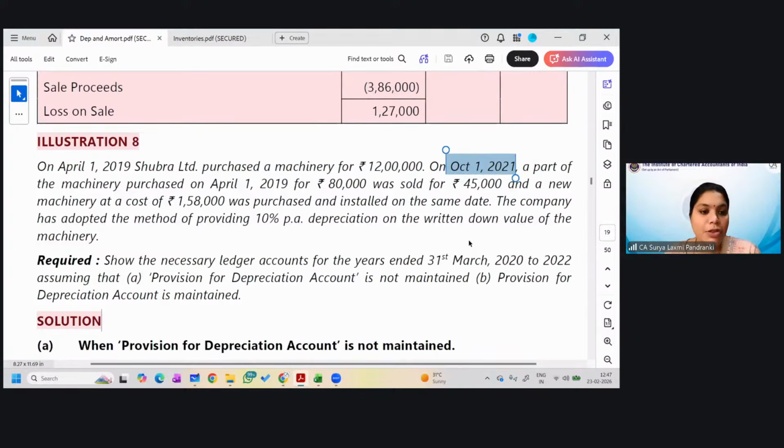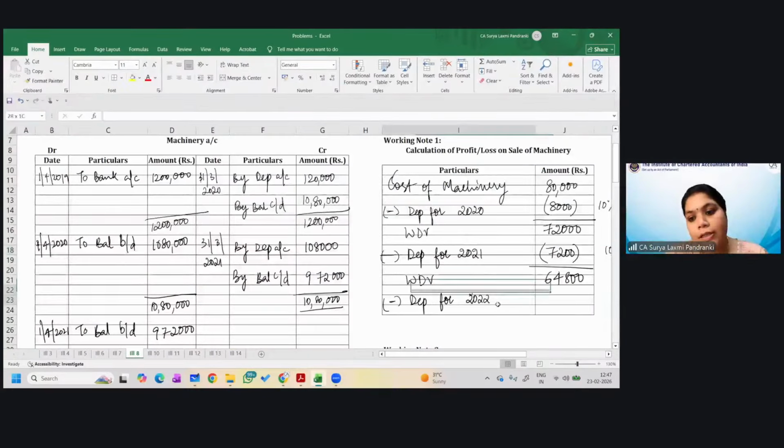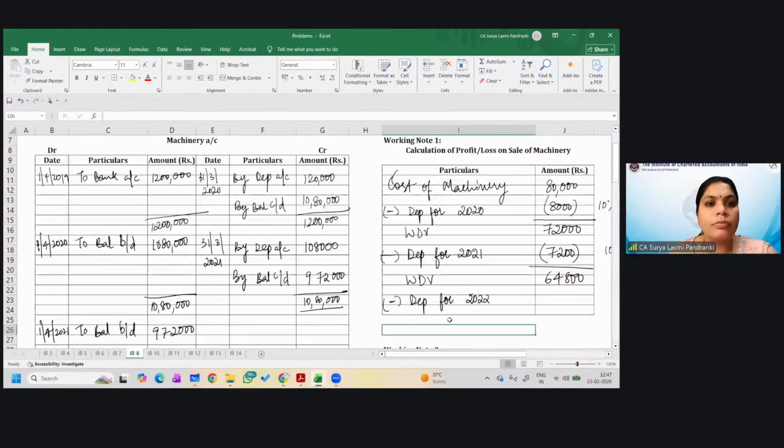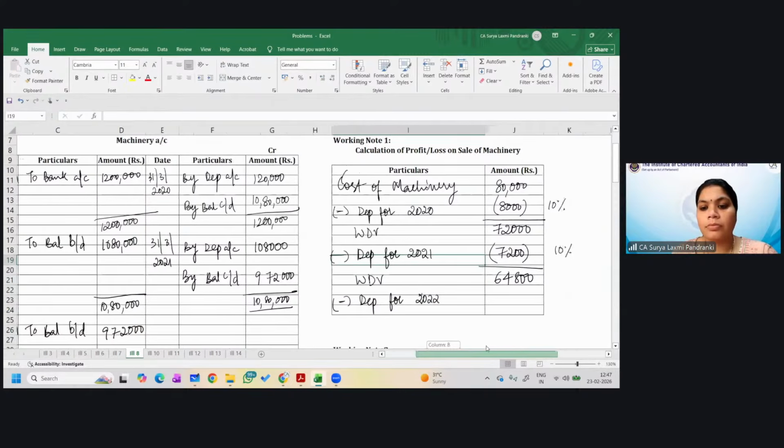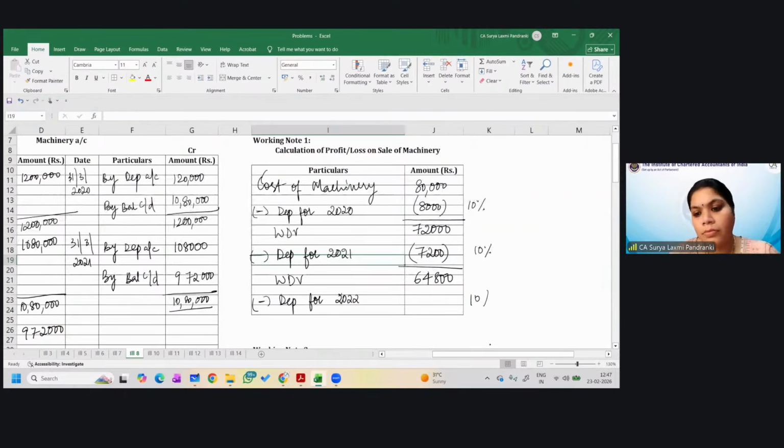So depreciation has to be calculated for 6 months. How much is it? 3,240.